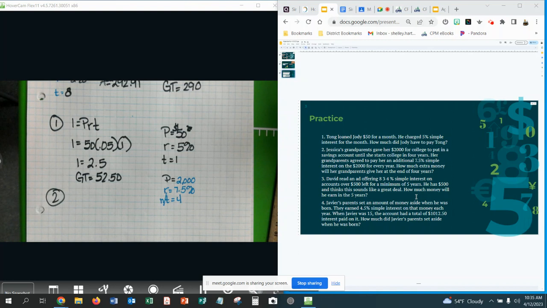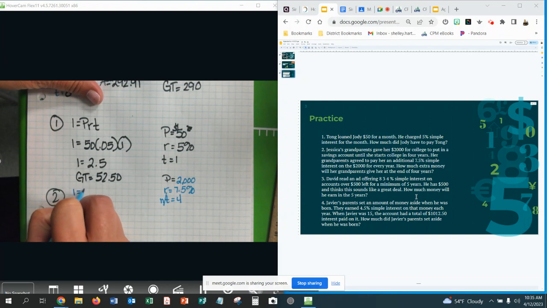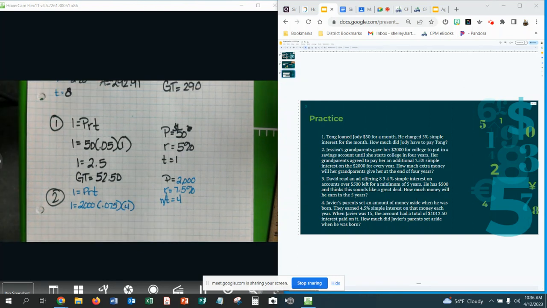Yes, Liz. Perfect. So we've got our simple interest. It's interest equals PRT. So interest equals 2,000 times 0.075 times 4. Okay, so I'm going to get into my handy dandy calculator.